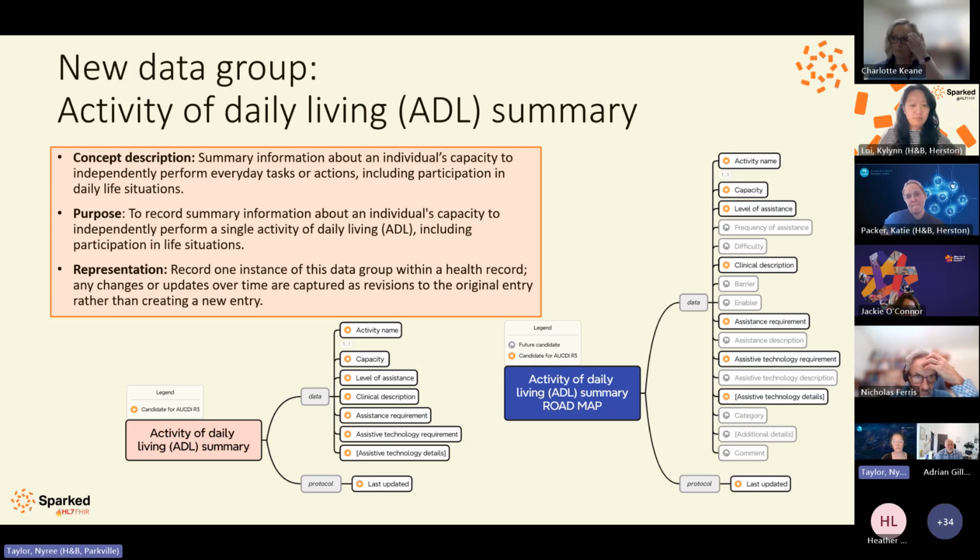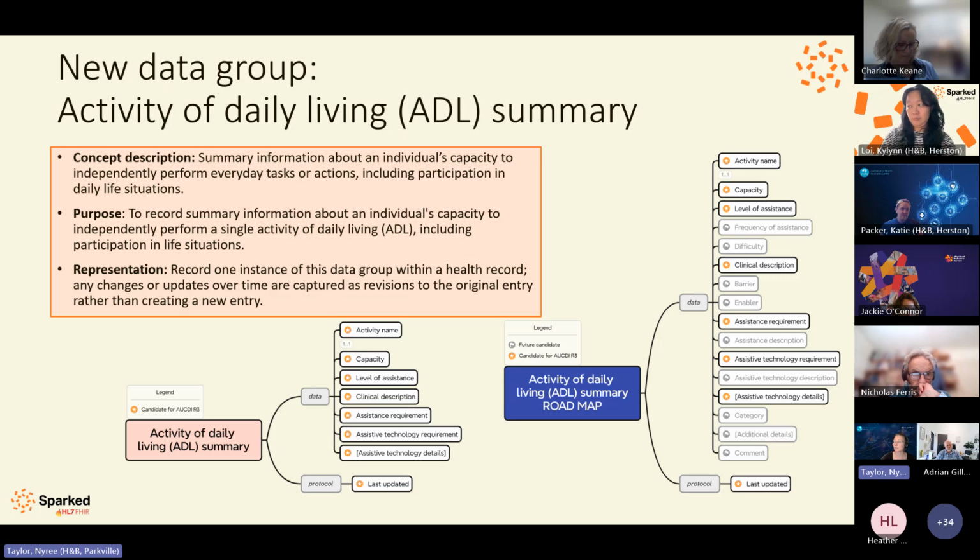And what we're trying to do, though, is this is just a first step. We're just trying to really de-scope it at this point and understand what are those key information components or elements that we really need to know, particularly when systems are talking to each other. So around supporting interoperability, we need that level of understanding, coming back to the design principle for AUCDI around quality and safety of care for that individual.